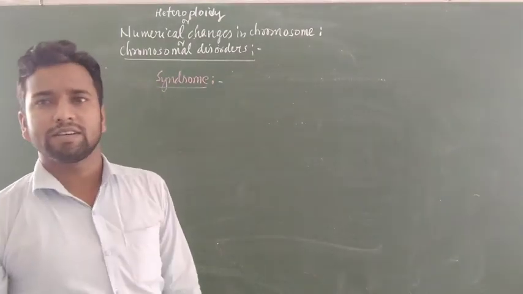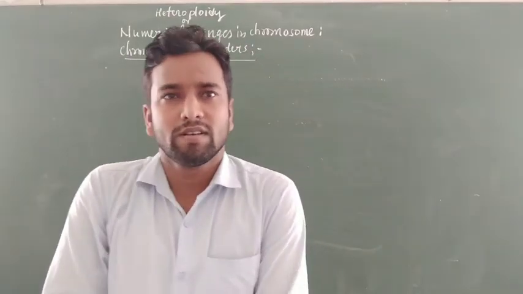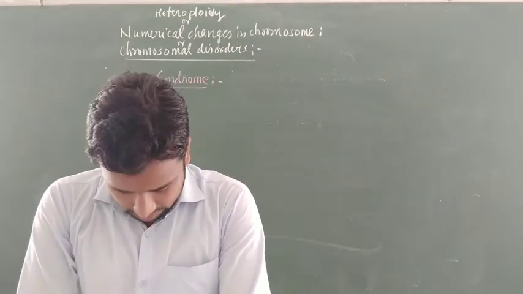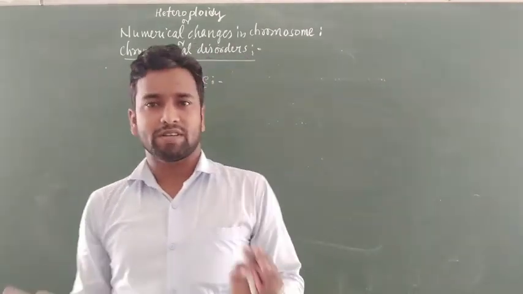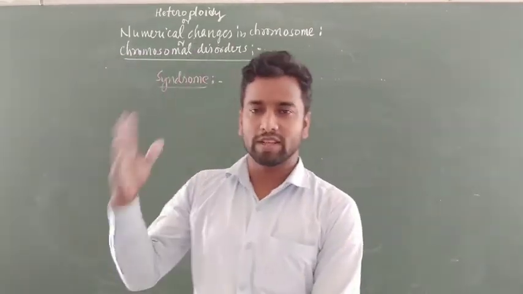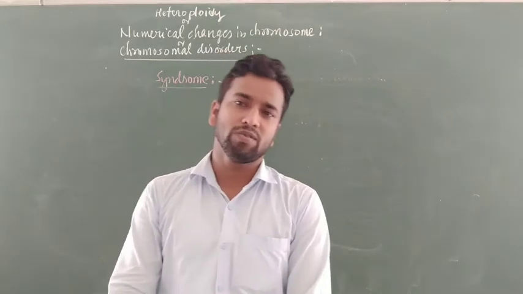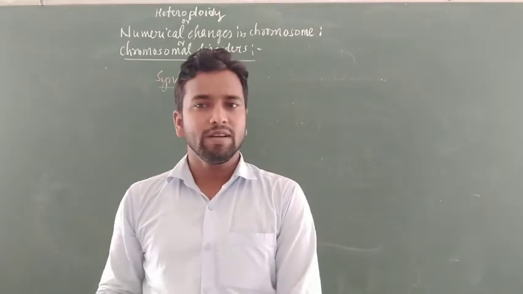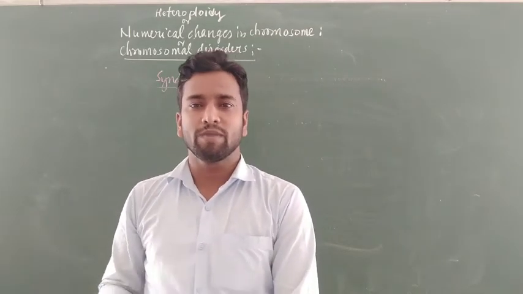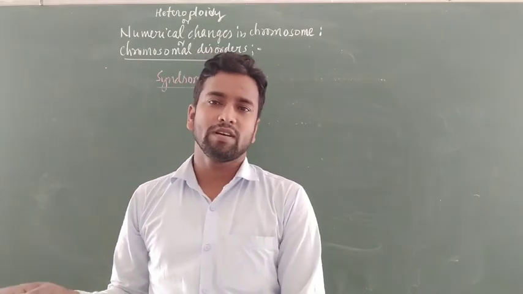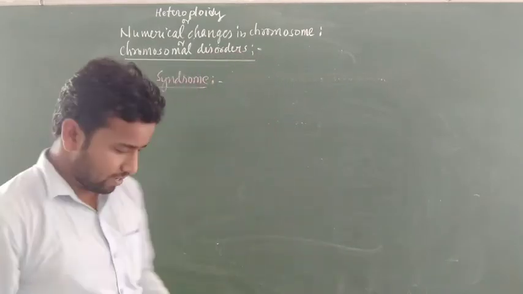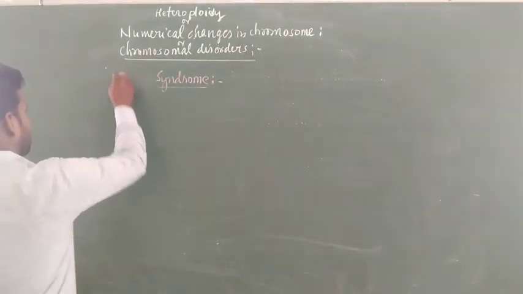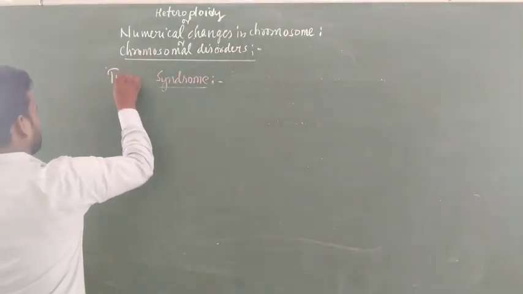I already stated to you, students, that by deletion of a single chromosome the person can survive, but if a whole set is deleted, it is not possible to survive. But plants can survive. Okay, the next is Turner syndrome.